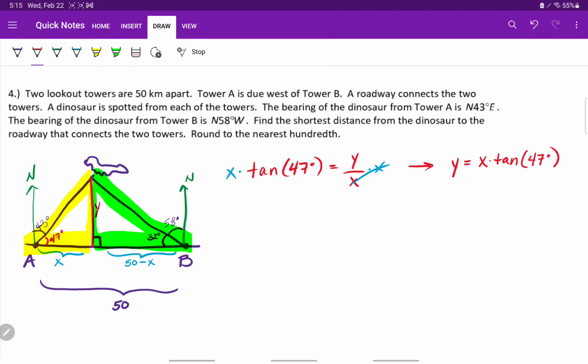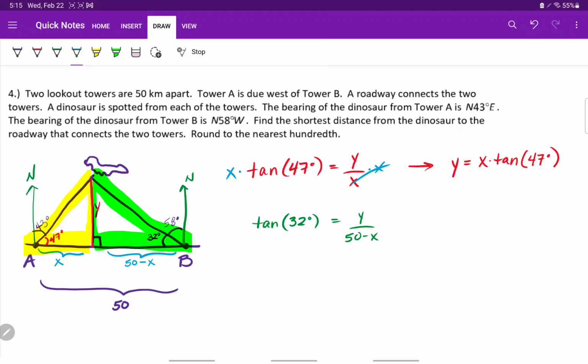Now I'm going to do the same thing for the green triangle. From our angle of 32, y is opposite. That 50 minus x is adjacent. So we're going to use tangent again. Tangent of 32 degrees is equal to y over 50 minus x.